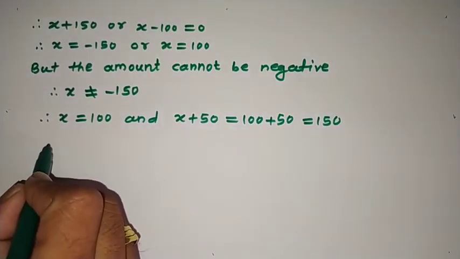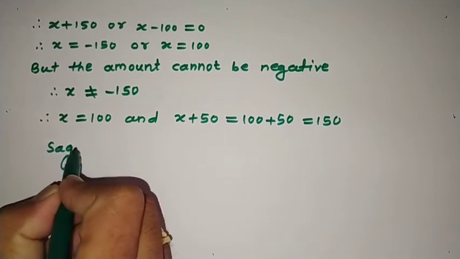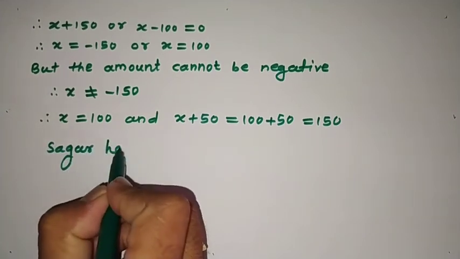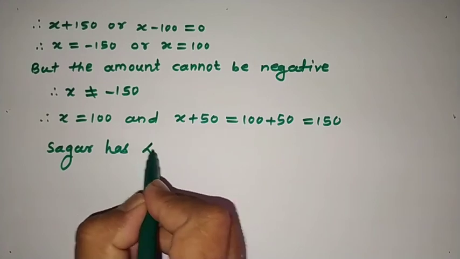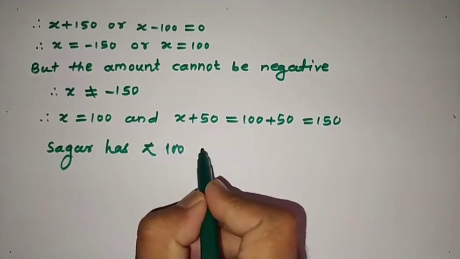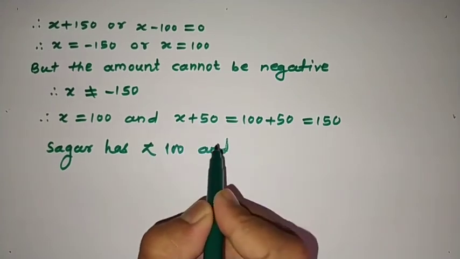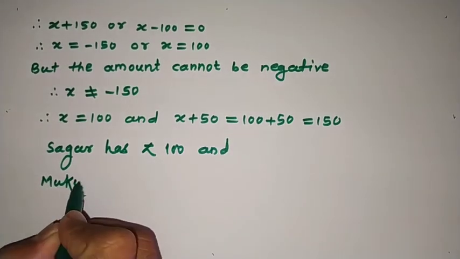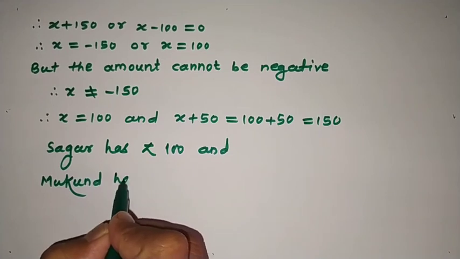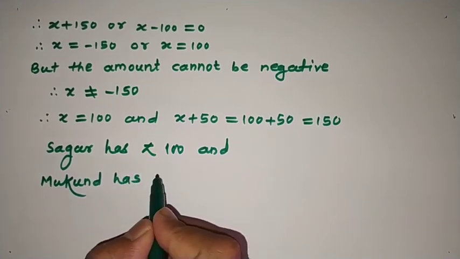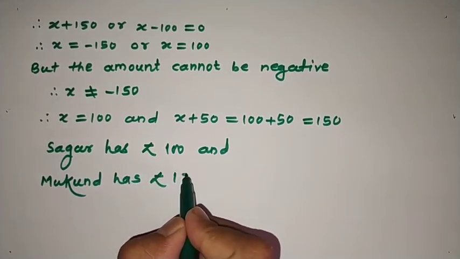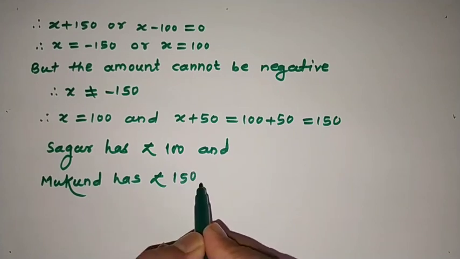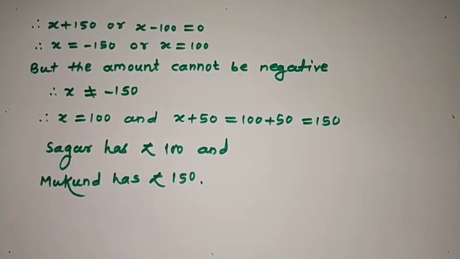Answer: Sagar has rupees 100 and Mukund has rupees 150. In this type, solve the above example.